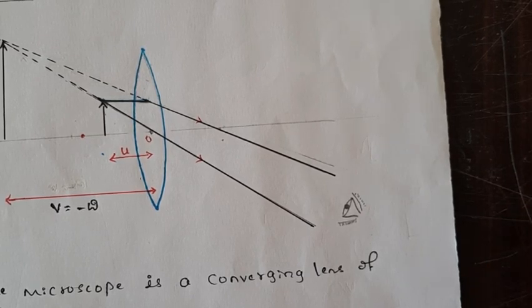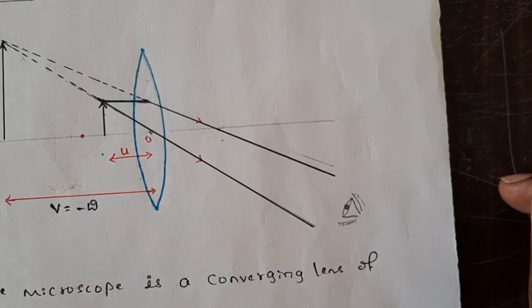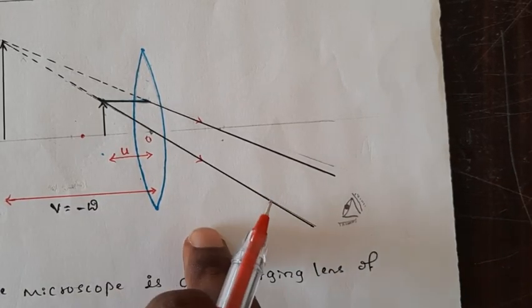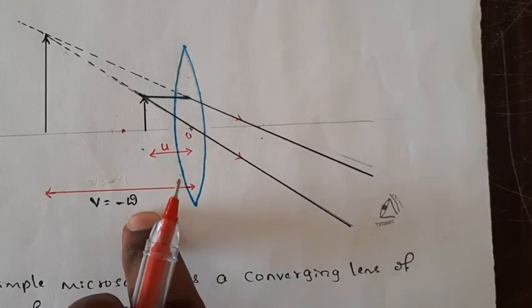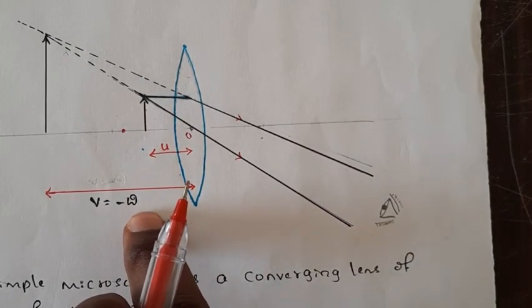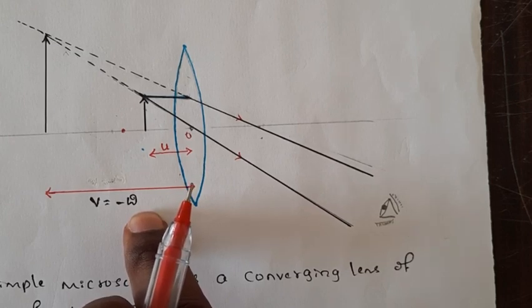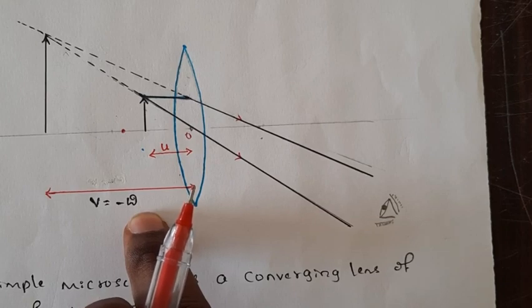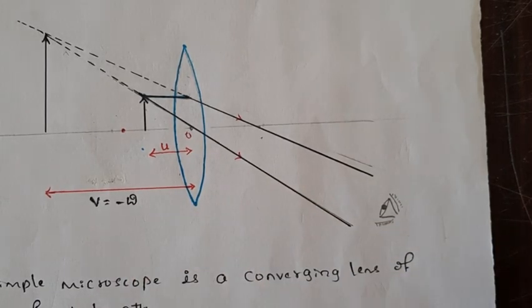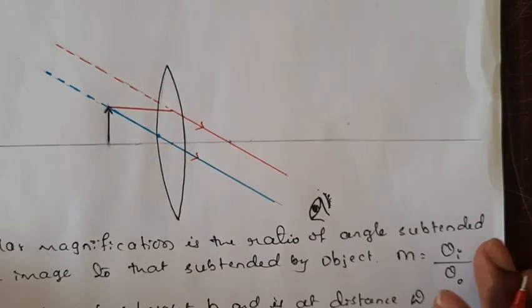To get the relaxed position, we try to focus the image at infinite distance. So to overcome the strain, we can adjust the image at infinite distance, and that will be the relaxed eye position. So the ray diagram for this concept is here.